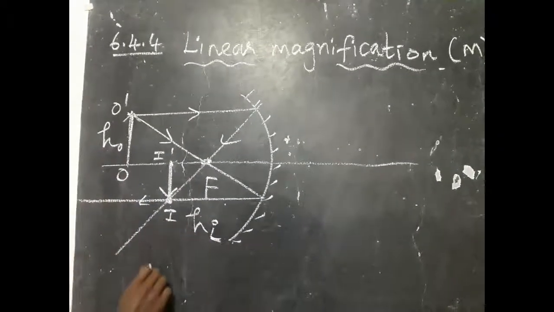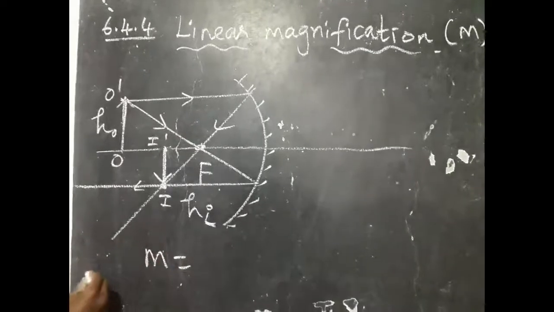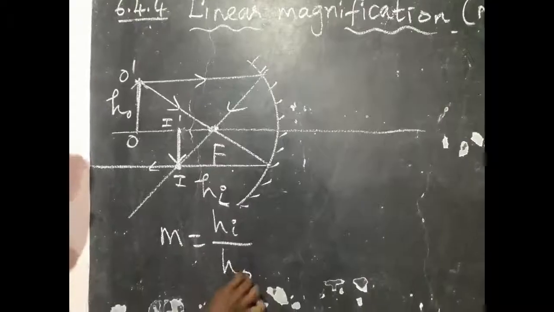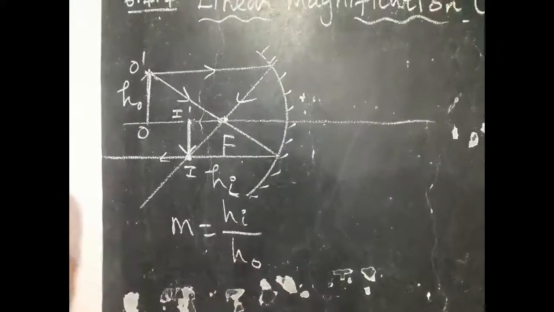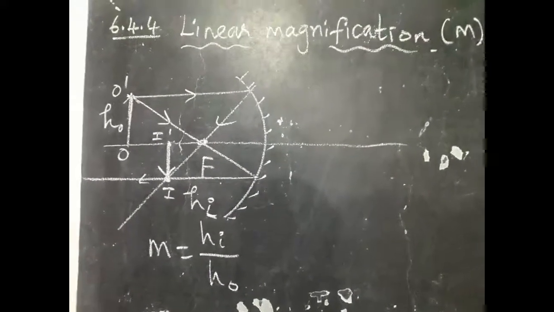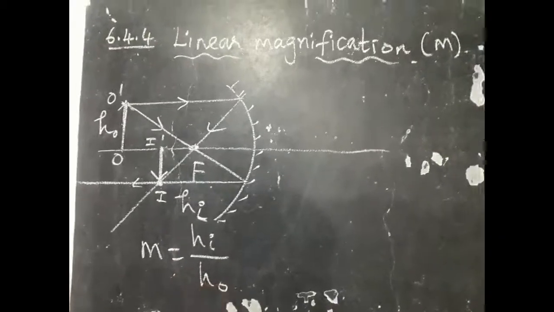So how can we write the magnification? The ratio of the height of the image and the height of the object. So the relation between the height of the image and the height of the object can be defined as the ratio of the height of the image and the height of the object, h0.